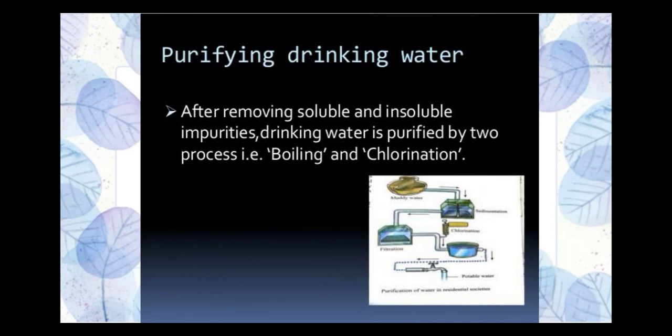After removing soluble and insoluble impurities, drinking water is purified by two processes, that is boiling and chlorination. Means you can remove the insoluble impurities by filtration and then you can boil the water, and chlorination can also be done. Water is heated for 10 minutes.